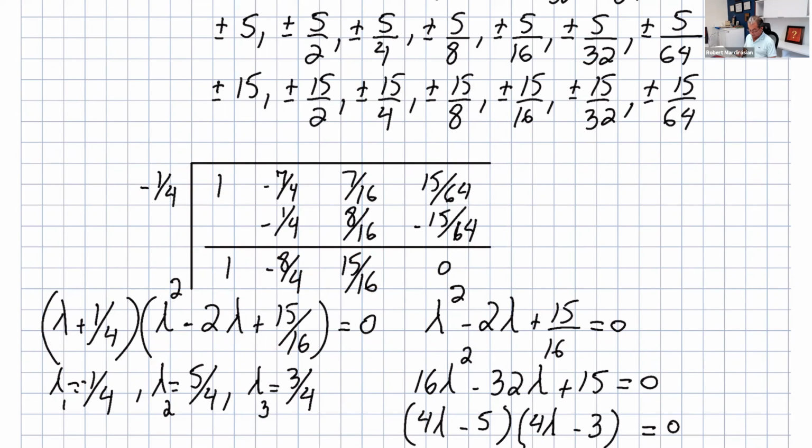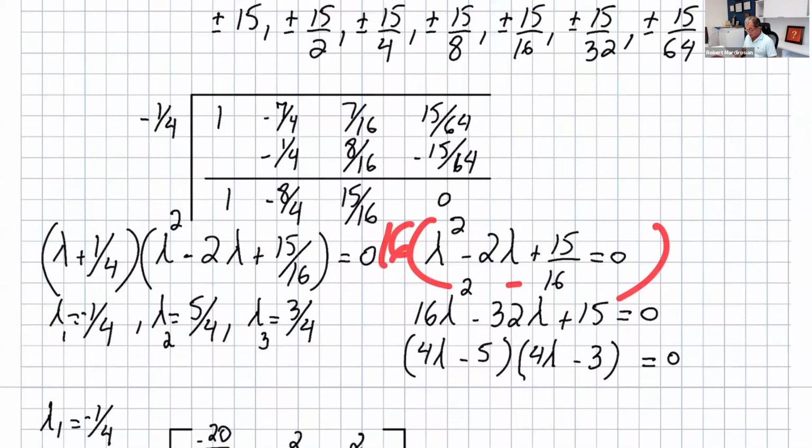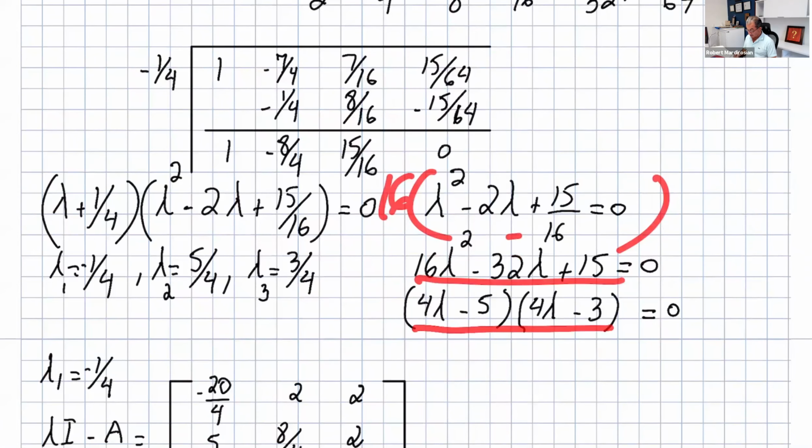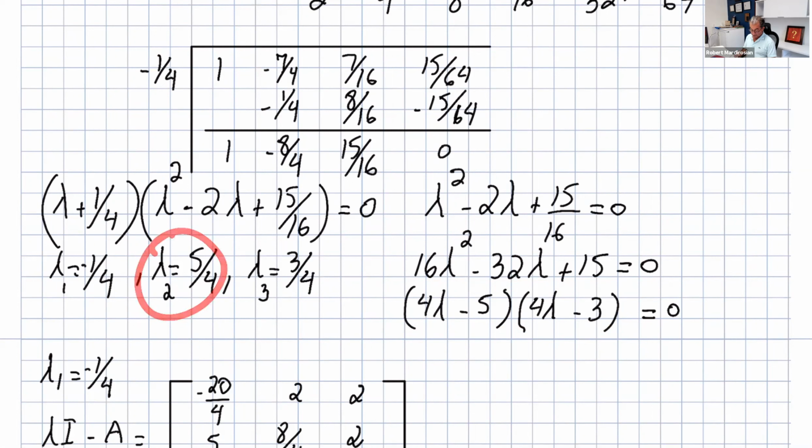You can multiply both sides by 16 to get rid of the fractions, and that's what you get. This is factorable, so you get 4 lambda minus 5 times 4 lambda minus 3. So the second eigenvalue is 5/4, and the third one is 3/4.